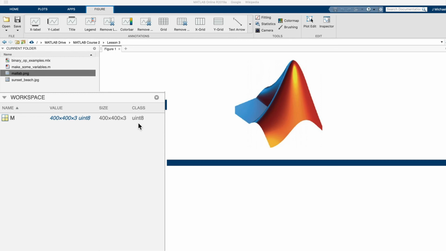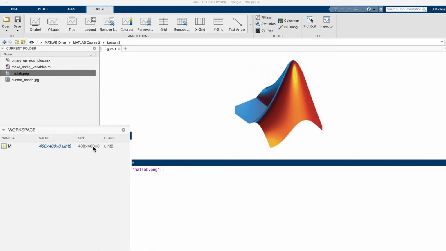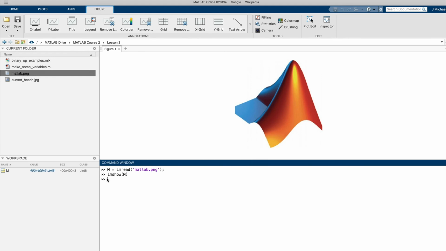We can calculate how much memory space this image requires, but let's take the easy way and let the function whos tell us. 480,000 bytes. This one variable takes up almost half a megabyte of memory, even though this is a relatively small image.